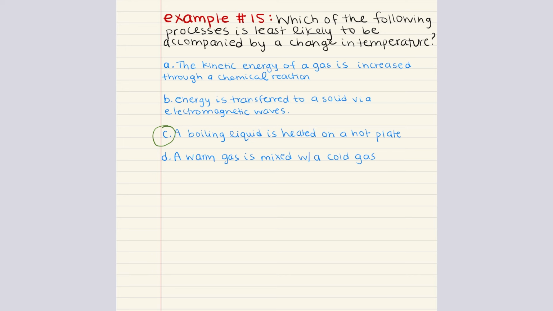And so there is going to be a change in temperature as the gases mix. So this process would definitely result in a temperature change as the gases reach thermal equilibrium. So out of these four options, the one that is least likely to be accompanied by a change in temperature is going to be answer choice C.